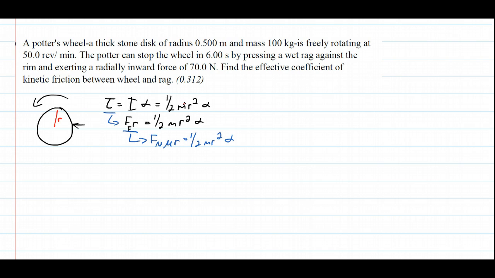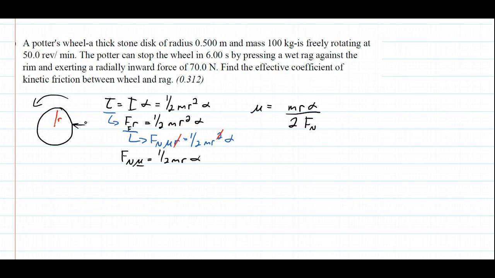And so we can see our radius will cancel out and give us Fn mu equals 1/2 mr alpha, where we need to solve for the coefficient mu. We can rearrange this pretty easily to solve for mu, and we get mr alpha divided by 2 Fn.